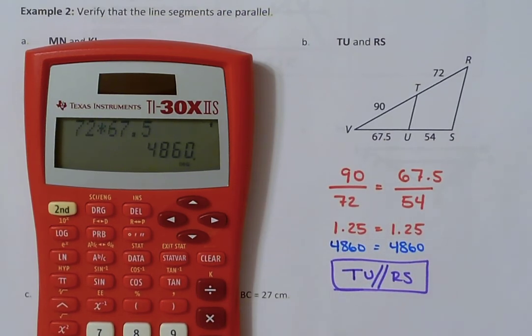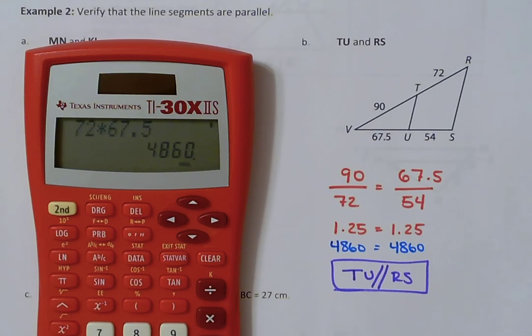Unlike example 1, where we used the concept that two lines are parallel, which tells us the other two sides are proportional, to find a missing side length, this time we're using those two side lengths to tell us that the other two sides are parallel to each other.